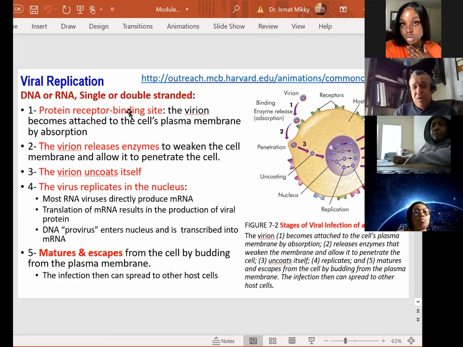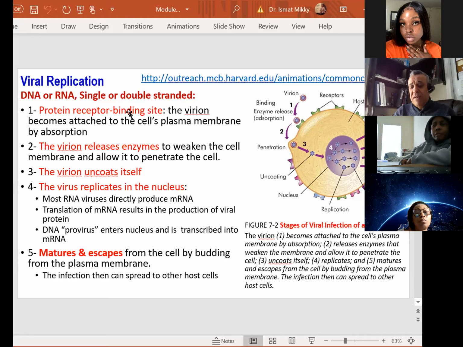The virus, as we know, has to enter the cell to become active. It's not active until it injects itself into the cell and enters the cell. That applies to the HIV virus as well. As long as HIV is outside of the cell, it doesn't do any harm.